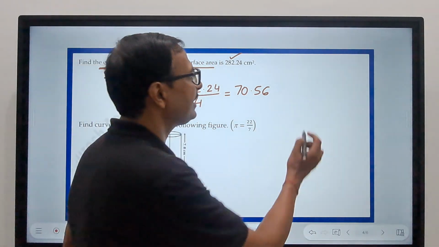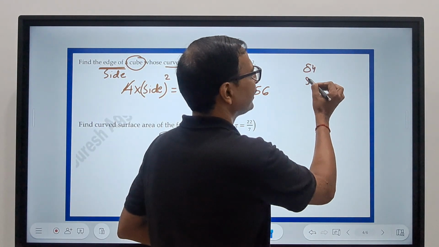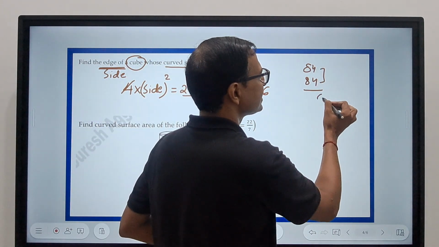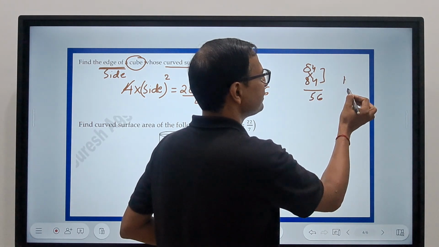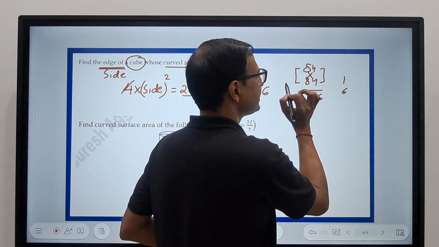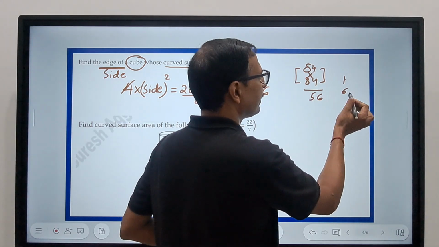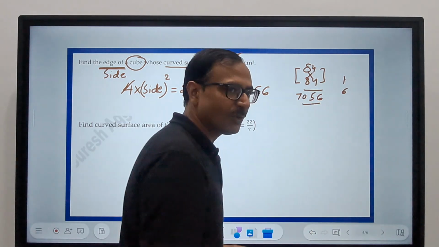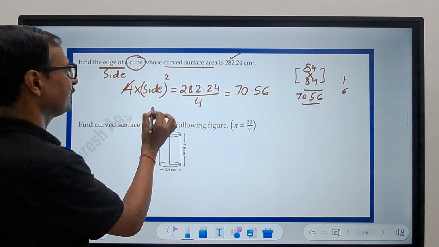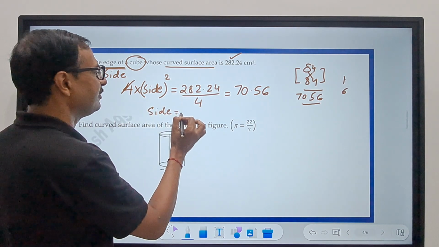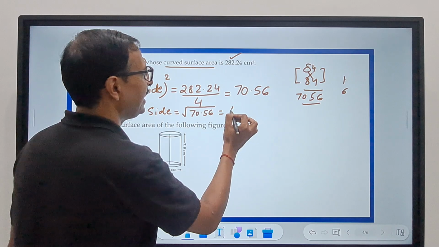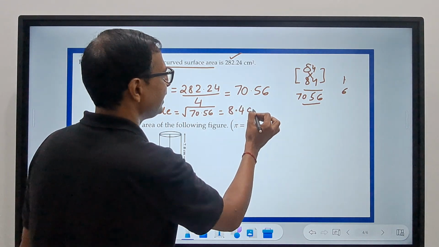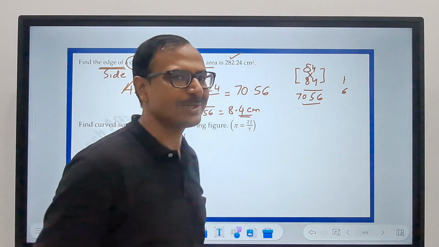So if you check 84 times 84, this is 4 4s are 16, 6 1 carry, 32 32 64, 65, 5 6 carry, and then 7 7s are 8 8s are 64 plus 6 70. See, 7056, and therefore the side or the edge will be the square root of 70.56, which is 8.4 centimeters, and that is the answer for the question.